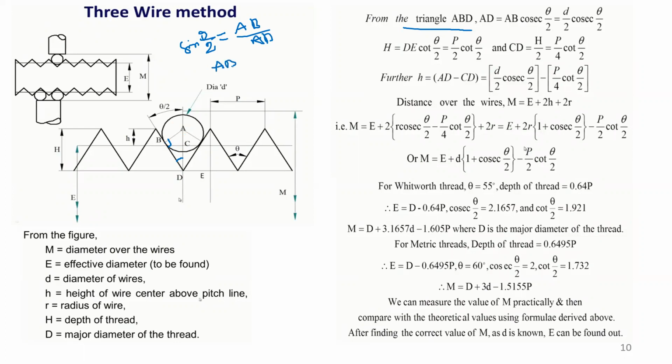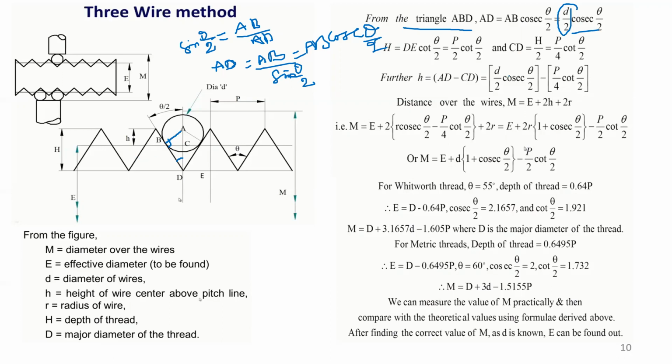Therefore, AD is equal to AB by sine theta by 2, or AB into cosecant theta by 2. So what is AB? AB is nothing but the radius of the cylinder, or diameter by 2. So this is diameter by 2 into cosecant theta by 2. AD value we got.